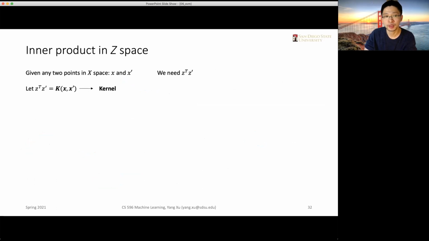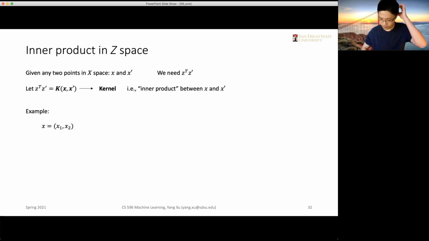So a kernel is just some function applied to the two points in X space in order to compute some inner product in Z space. It represents some sort of inner product between X and X prime, but the result is in a different space, in Z space.